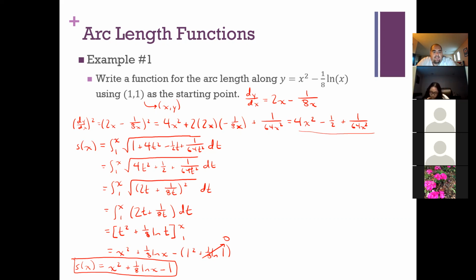But because I had x as my upper bound for that integral, I knew I was going to end up with what I wanted, a function whose independent variable was x. So before we go past this, what does s of x represent for us?